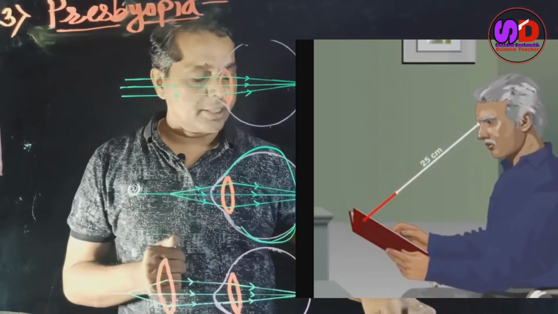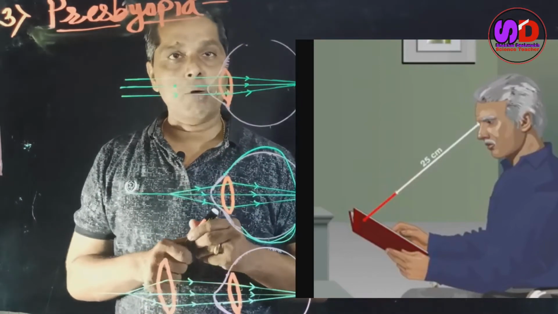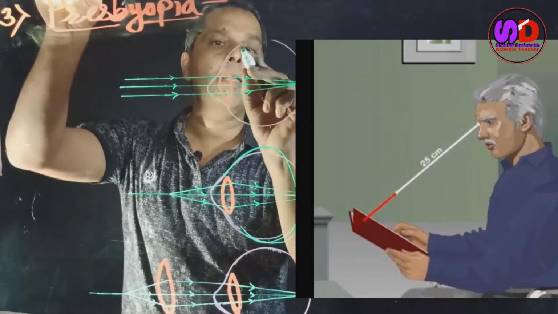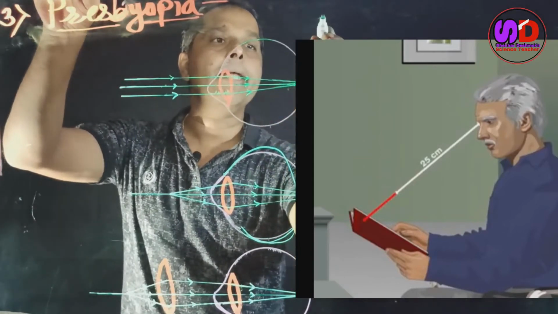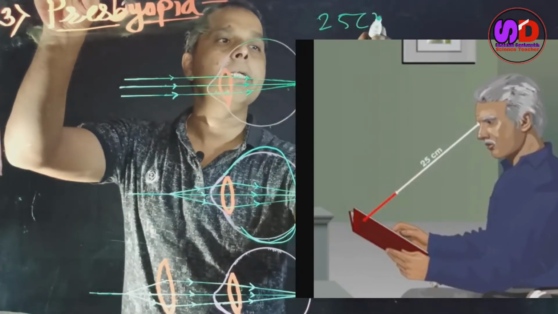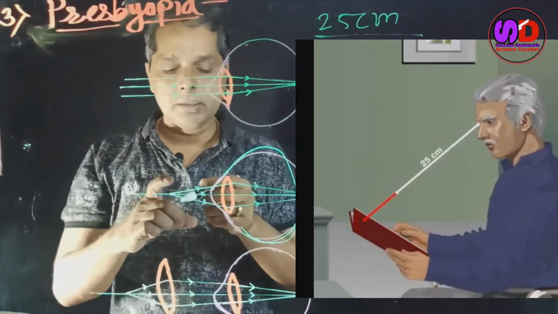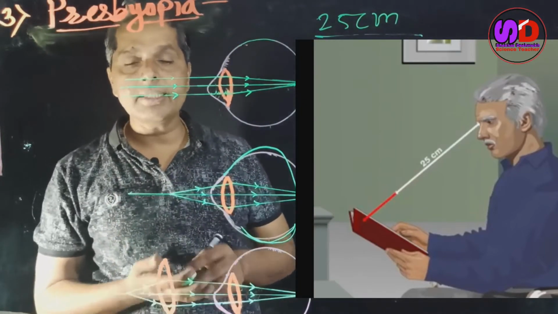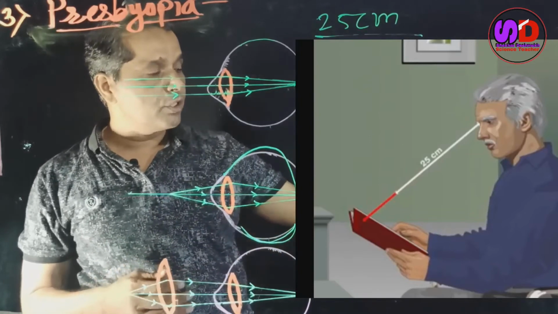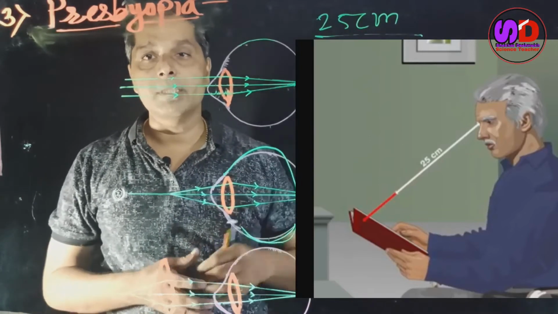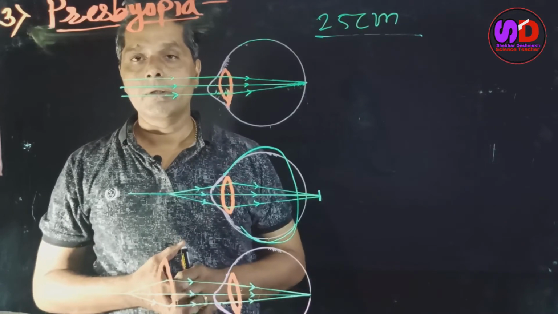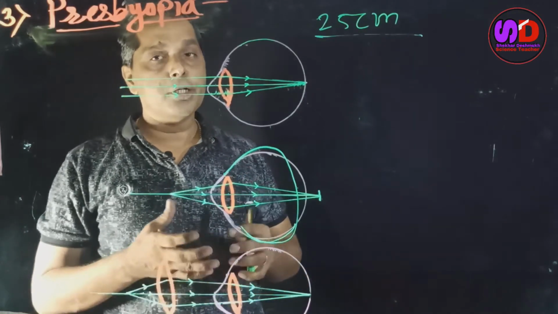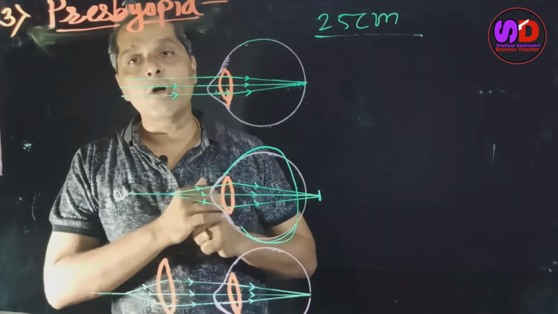We know the near point of any normal eye is 25 centimeters. But due to age, the focusing power decreases, and due to that the near point goes away from us, and the nearby objects cannot be seen clearly.